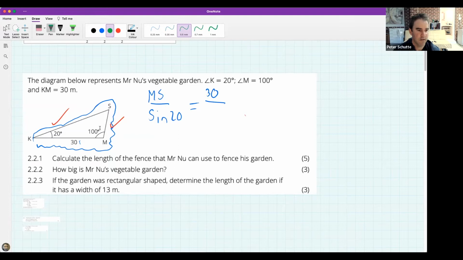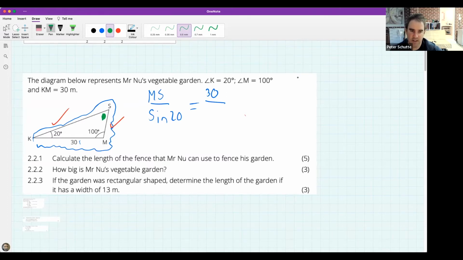Aha. If only we had a value for this angle over here. Maybe in the chat, someone can help me figure out, how do I find the angle S? Because it feels to me like S would be helpful. Yes, Rachel, S is 60.